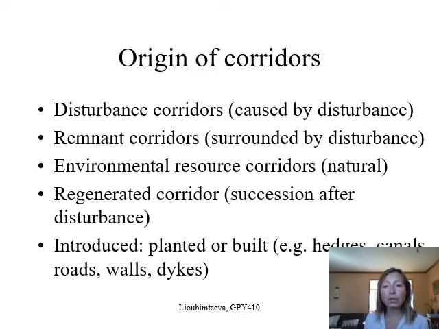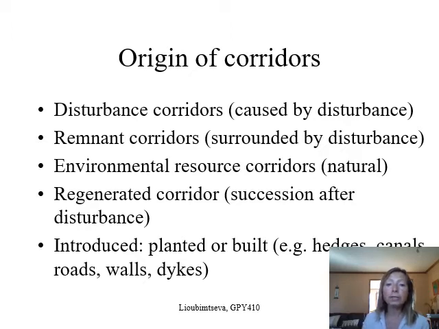Usually this type of disturbance happens along roads or power lines, but sometimes it can happen because of natural processes following the direction of the wind or following the pattern of distribution of certain pests or diseases.